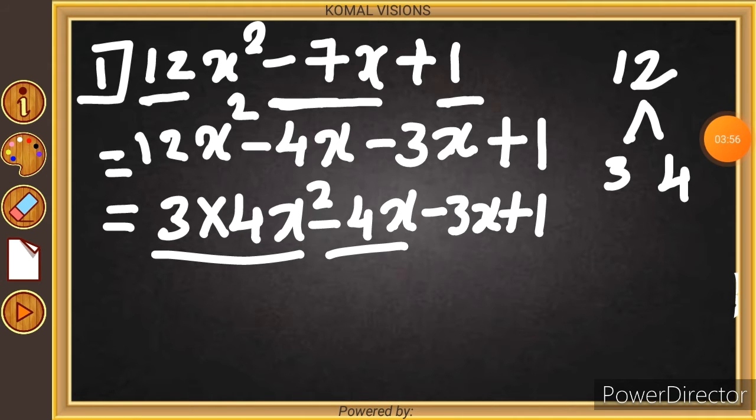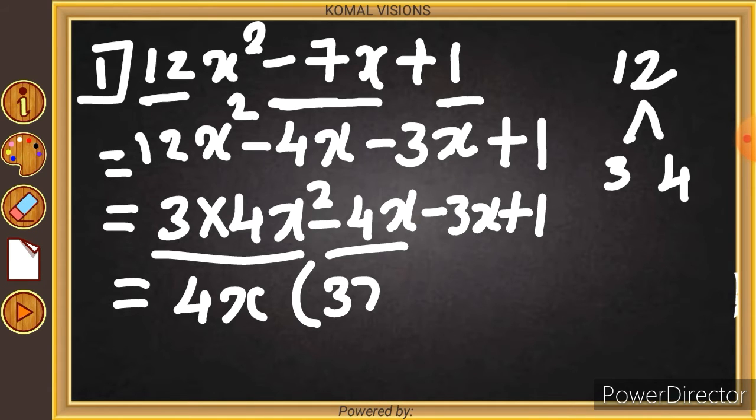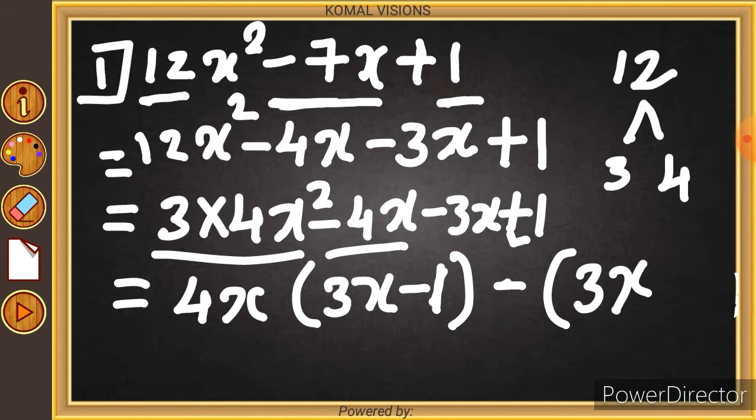After this step, I'll take out the common factors present here. 4x I'll take as a common factor. I'll be left with 3x minus 1, because in the place of 4x nothing will be present instead of 1 if you take it outside. Next I'll take out minus 1 as common here, so I'll get 3x minus 1 here.